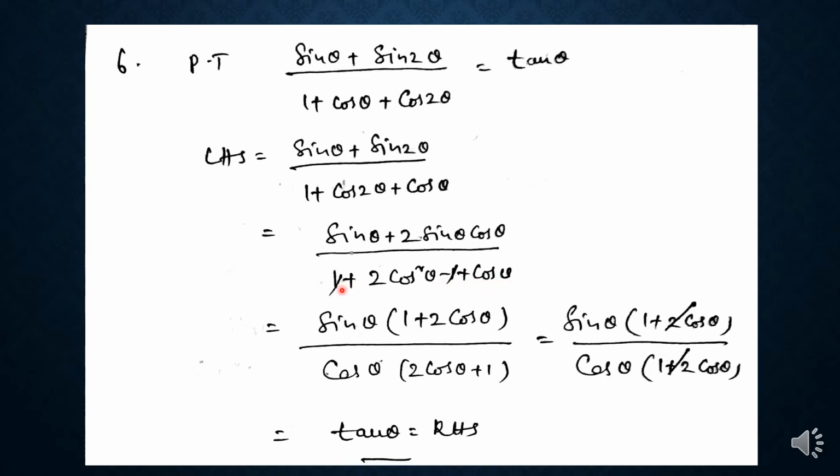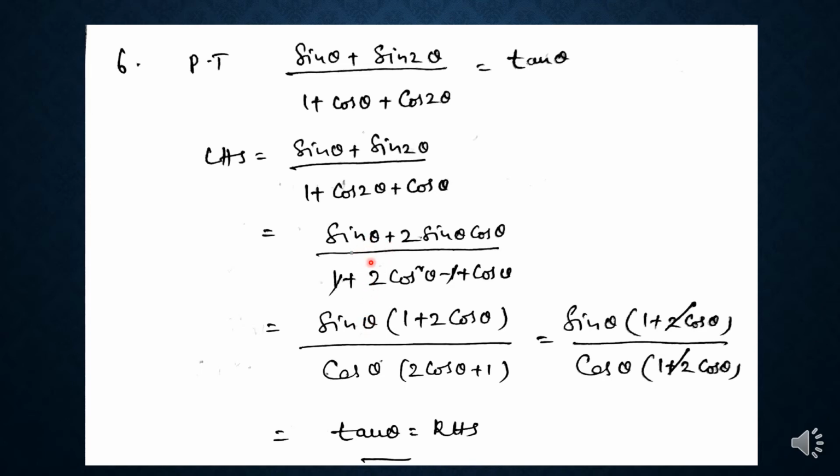Now by the simplification, here plus 1 minus 1 get cancelled, we will get 2 cos square theta plus cos theta here. So in the numerator, we can see sin theta plus 2 sin theta cos theta divided by 2 cos square theta plus cos theta. In the numerator, we can take the term sin theta as common.